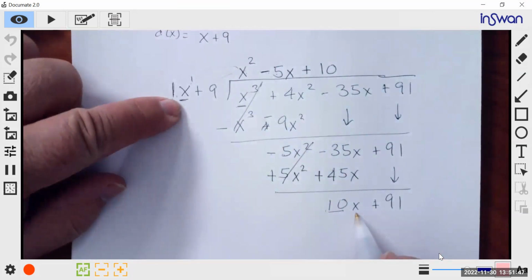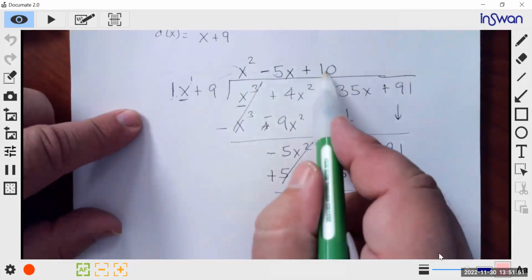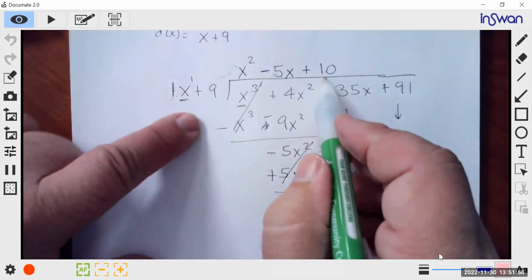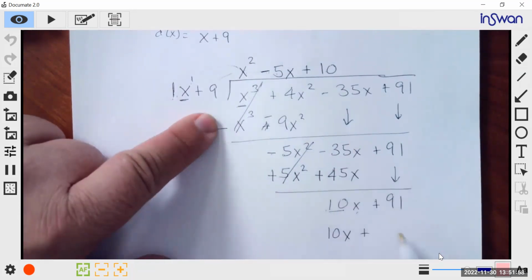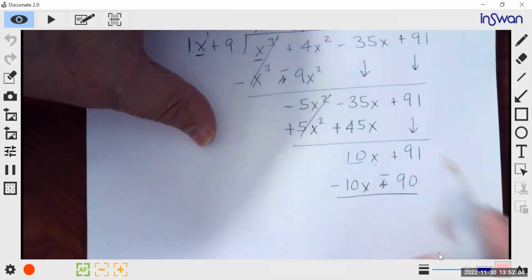And they both have 1 x, I don't need anything else. 10 times 1 is 10x. Positive, positive. 10 times 9 is 90. Change their signs and add.